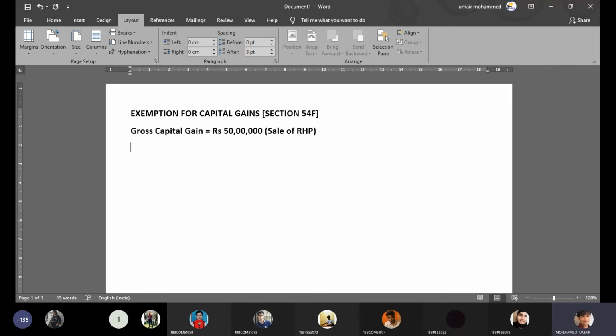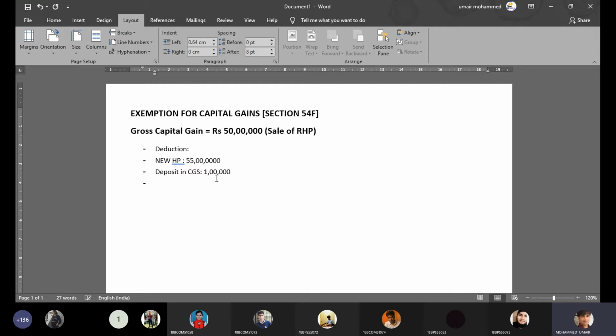Now what we are doing is we are claiming deduction in which we are buying a new house property, and then we are also depositing the money in capital gain scheme. So the new house property is worth 55 lakhs, and this assessee has also made some deposit in capital gain scheme which is worth 1 lakh.